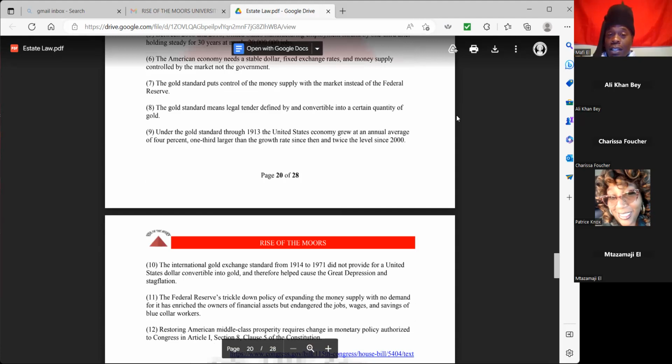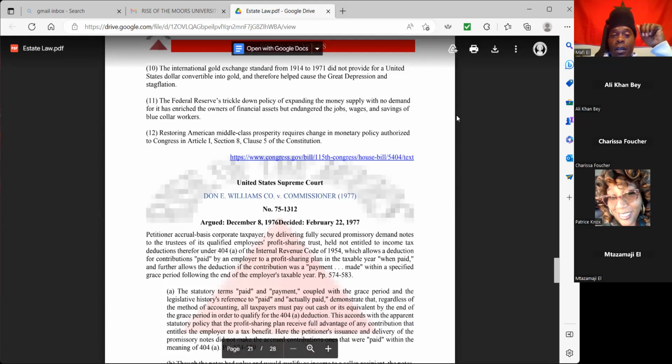9, under the gold standard through 1913, the United States economy grew at an annual average of 4%, 1/3 larger than the growth rate since then, and twice the level since 2000. 10, the International Gold Exchange standard from 1914 to 1971 did not provide for a United States dollar convertible into gold, and therefore helped cause the Great Depression and stagflation. 11, the Federal Reserve's trickle-down policy of expanding the money supply with no demand for it has enriched the owners of financial assets by endangering the jobs, wages, and savings of blue-collar workers. 12, you got a long list.